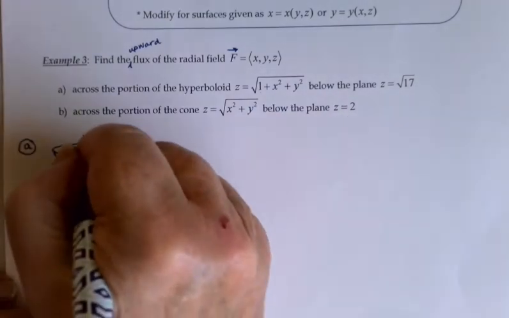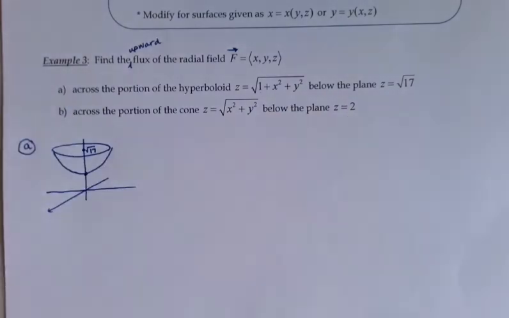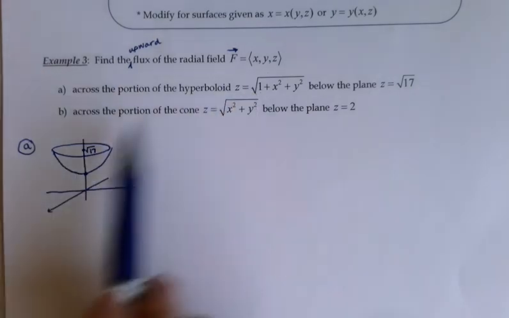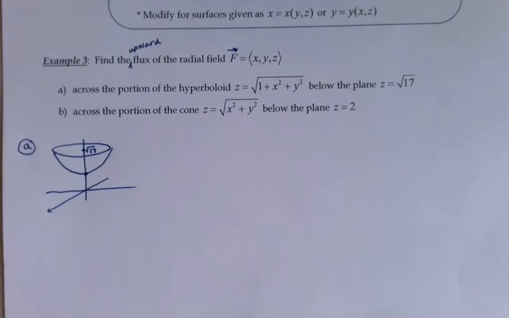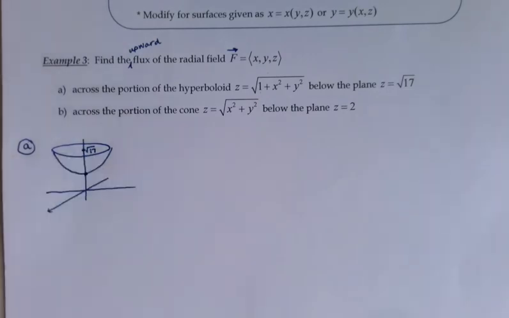And we only go up to the square root of 17 on the z-axis. Now we're actually finding the flux across the hyperboloid, not the plane. So I'm actually not going to shade that in. That kind of doesn't have a lid on it this time. It's just this surface itself that we're looking for the flux across.